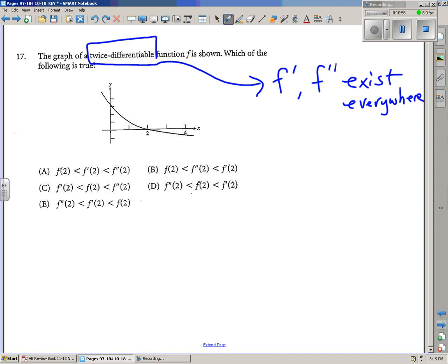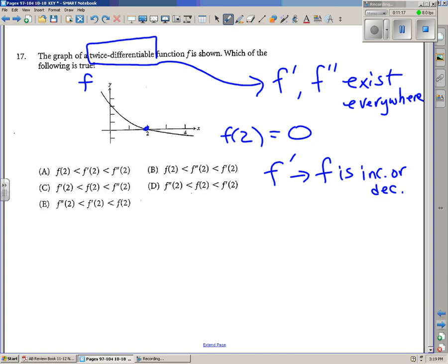So what I would like to do is see which one I can get. Well, this is the graph of f. So the y values are the values of f. So f of 2 is 0. Now, f prime of 2. f prime tells us whether f is increasing or decreasing. So at 2, and everywhere apparently with this function, f is decreasing.